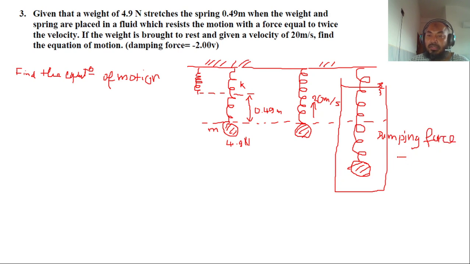So the damping force is equal to minus 2 times velocity. Meaning that if this mass is moving upward or downward, it will have friction force like this.